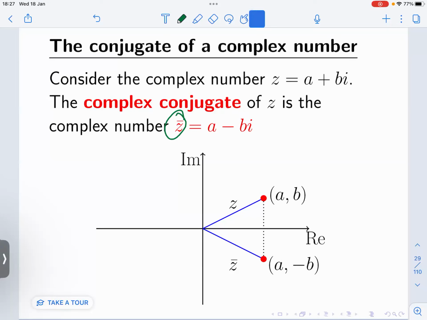And we have expressed that the complex number a + bi can also be expressed as a point on the complex plane. That means that the conjugate will also be defined on the complex plane, and we see that this is just the complex number reflected along the real axis. So for a + bi, we have the point (a, b), and for a - bi, we have the point (a, -b).